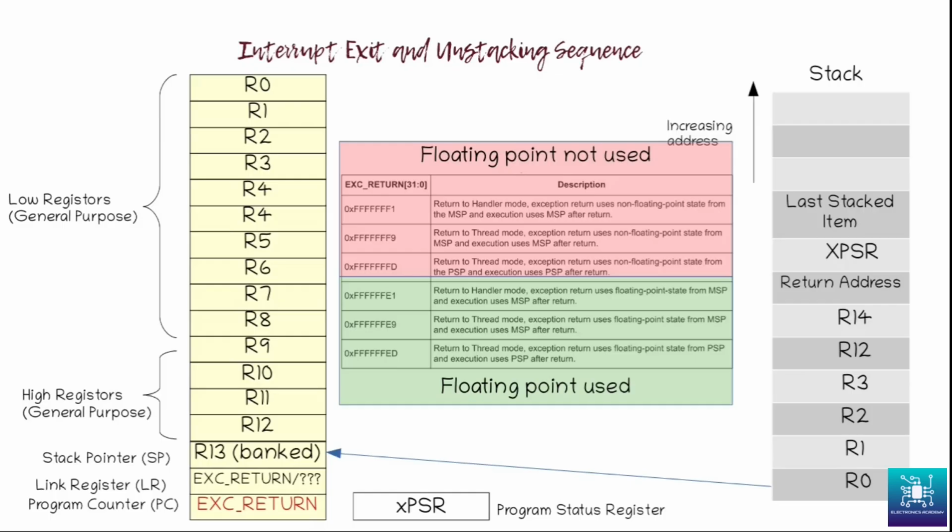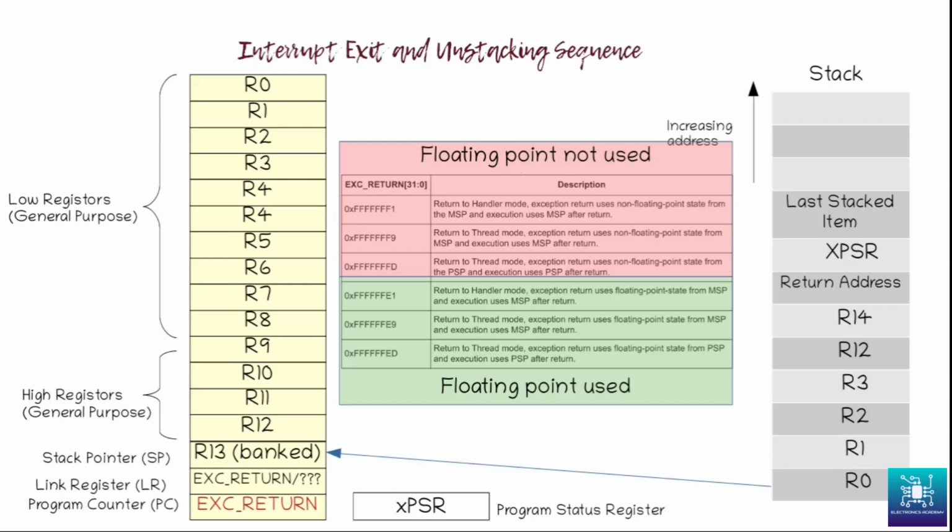So only when it sees the EXC return value, that is this bit pattern, does it know that this function is actually an interrupt return, not a general return from any other non-interrupt function.